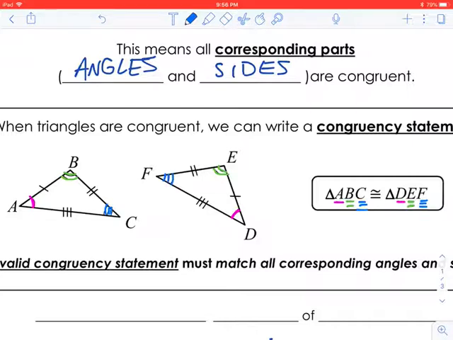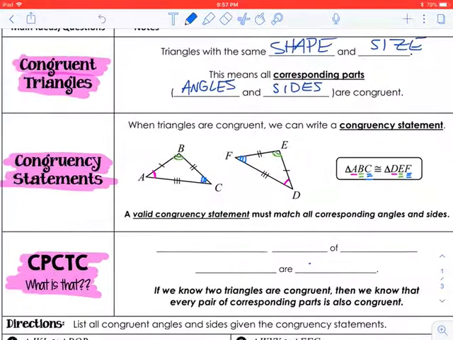And that's the same way for side length. So, for instance, AB is this side, and that goes with DE, which is this side. And you can see that they're labeled the same, okay? So that's the congruency statement. You really want to look out for the order there.